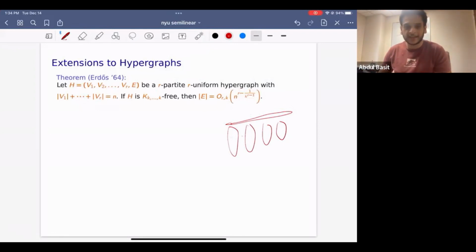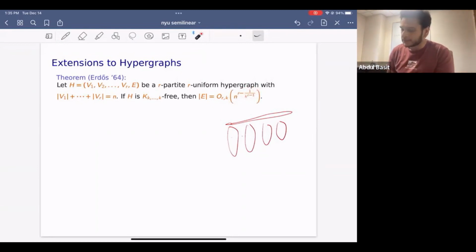And now it's K-free, a bunch of K's now, which is the obvious thing that you would think. Then there's a theorem of Erdős which says that the number of edges is at most n^r minus n^{r-1/k^{r-1}}. But again, what we should roughly think of is that n^r is the trivial bound, and you can improve this bound by some factor that depends on k.